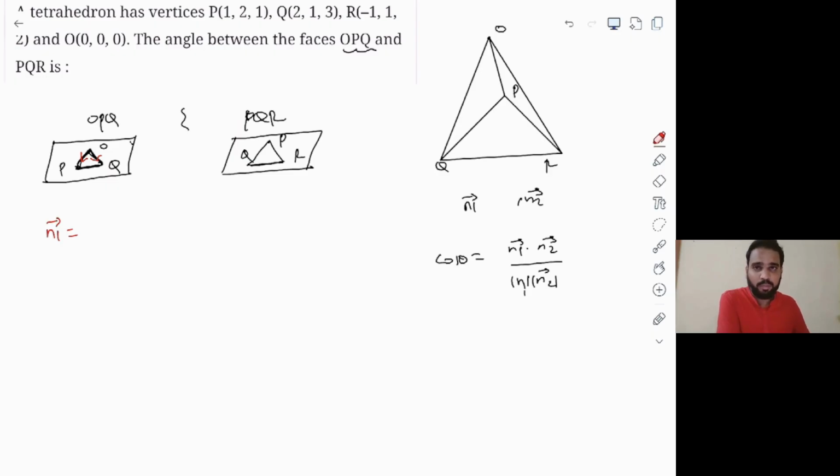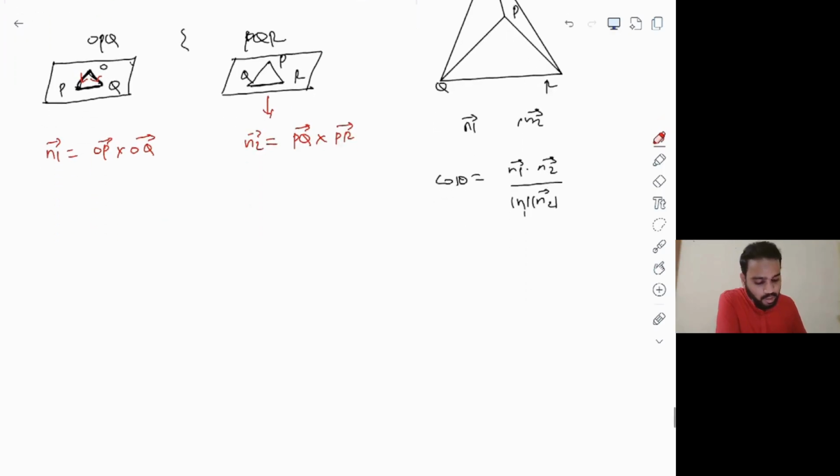A vector which is perpendicular to the plane containing both of them. That is the reason n1 bar is equal to OP bar cross OQ bar. Similarly, if I want n2 bar, what I need to do? I just need to take the cross product of two vectors in the second plane. That is, let me take it as PQ and PR.